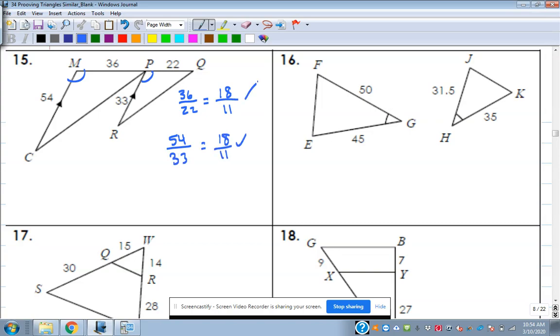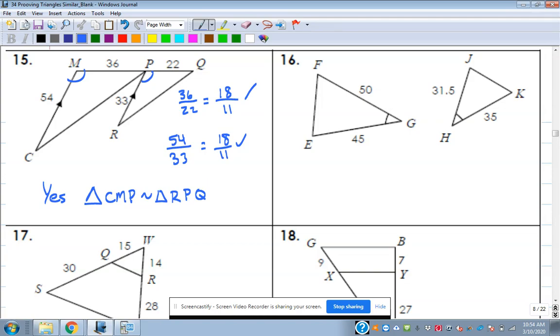Yeah, they are the same. Those angles are the same. So this is a yes. Let's get a similarity statement. CMP is similar to RPQ. Good work. Not the only way to do that, but that's a pretty easy way to get it there. Just follow your sides around.